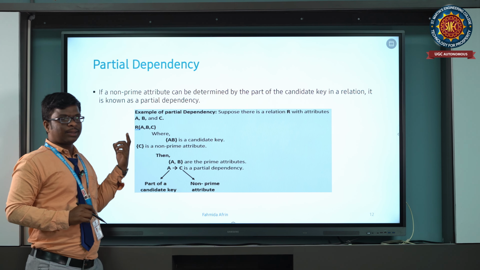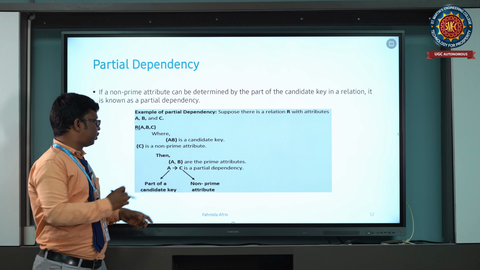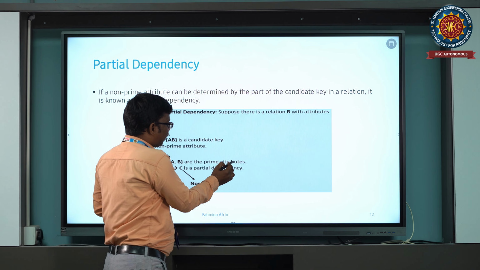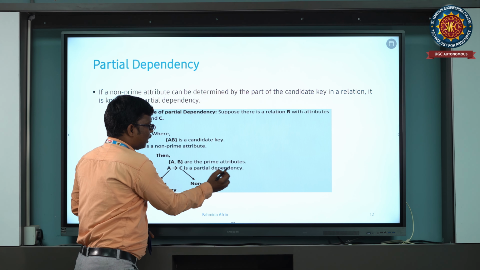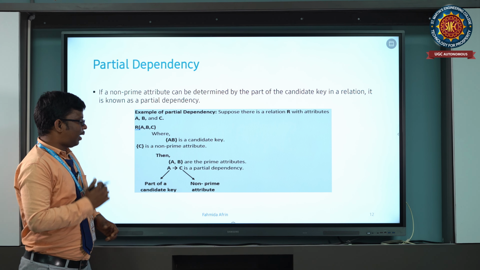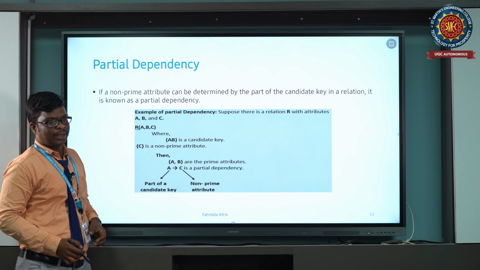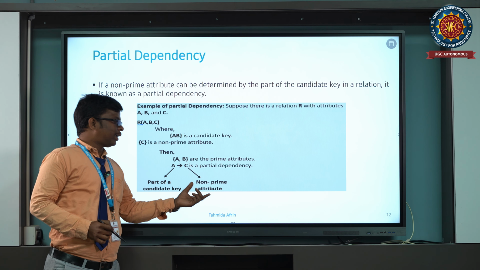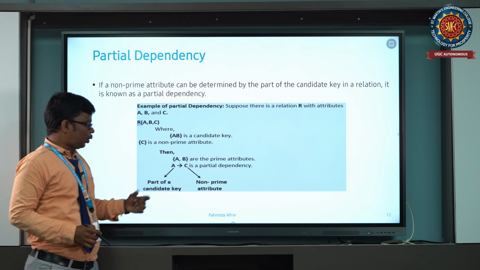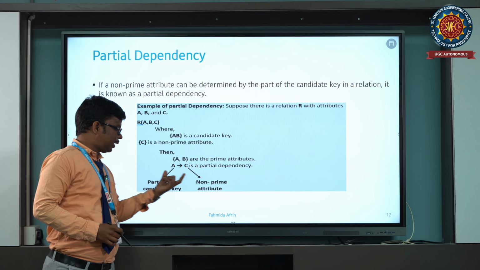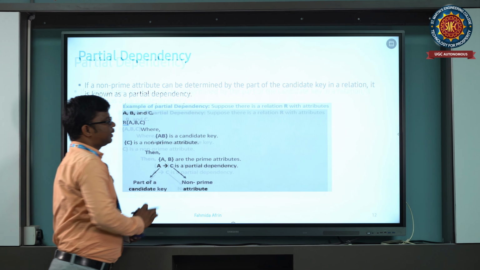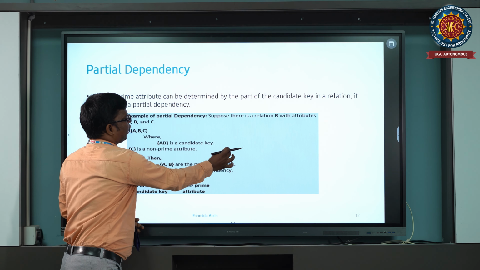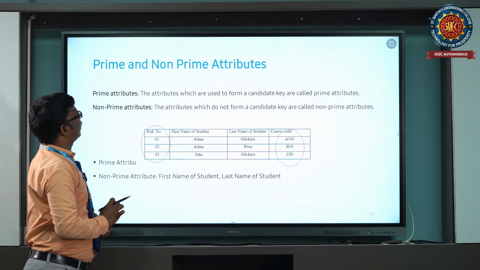So it is a partial dependency, C determined by A. You can see this example, then you can clearly understand what partial dependency is.